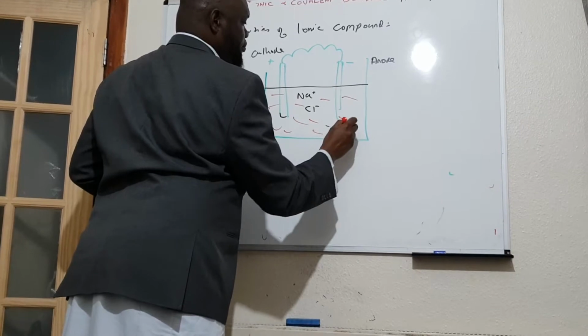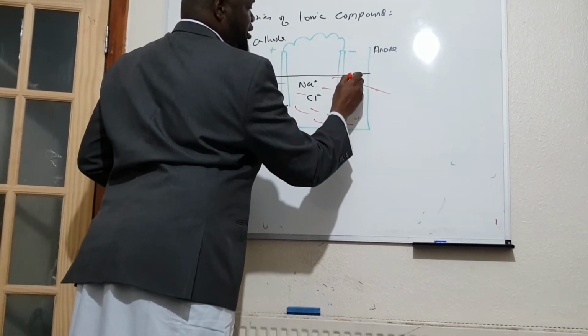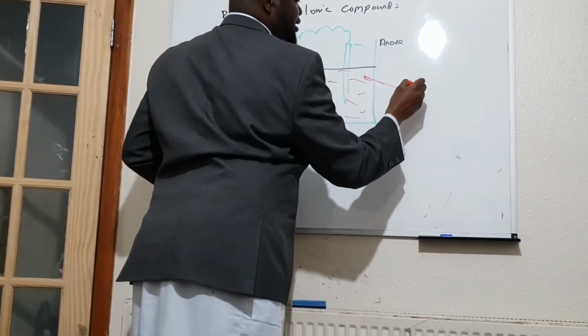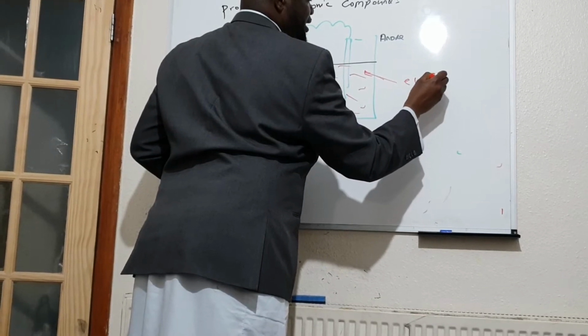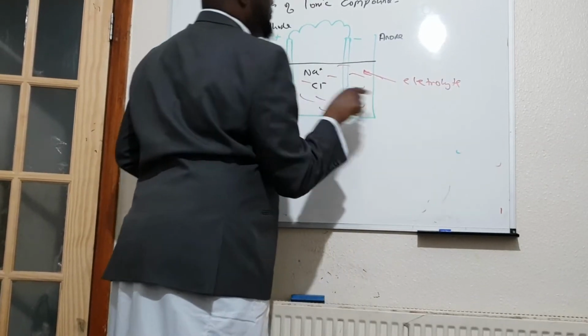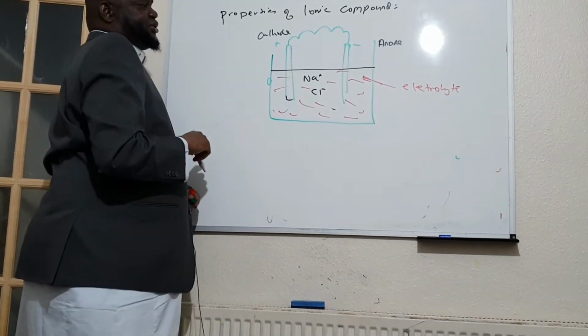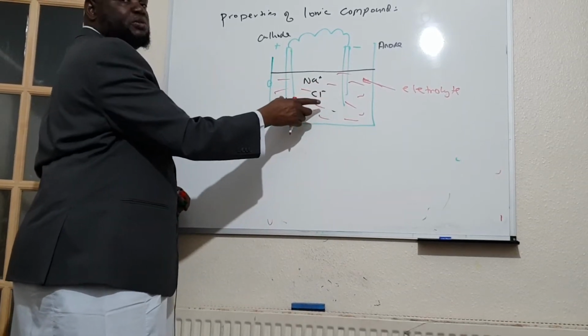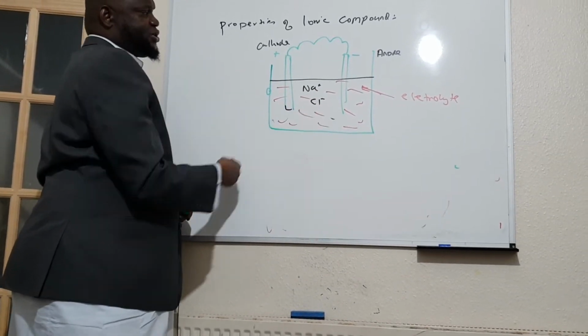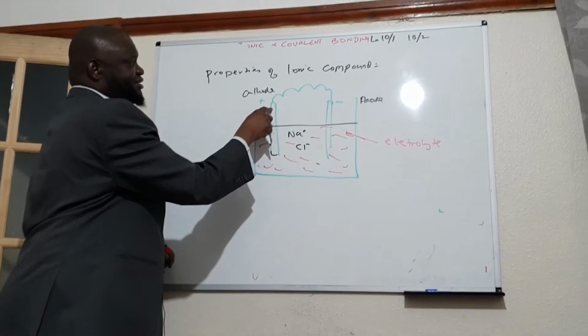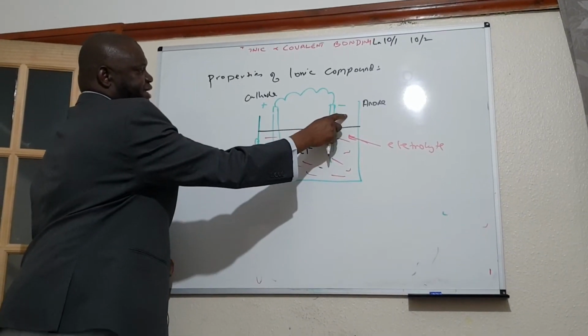Liquid here. And the name of the liquid is called electrolyte. This is the solution to which electrolysis is applied. The solution has sodium chloride in it. It's called the electrolyte. This is called the positive anode and the negative cathode.